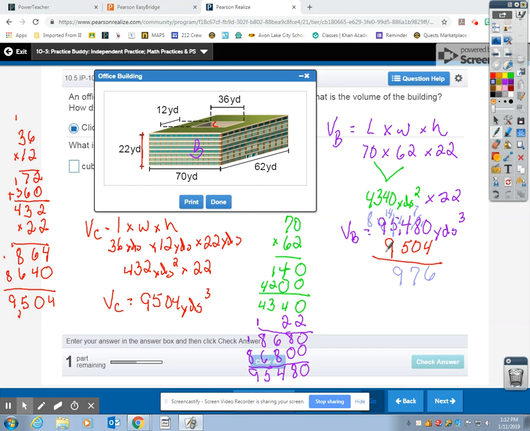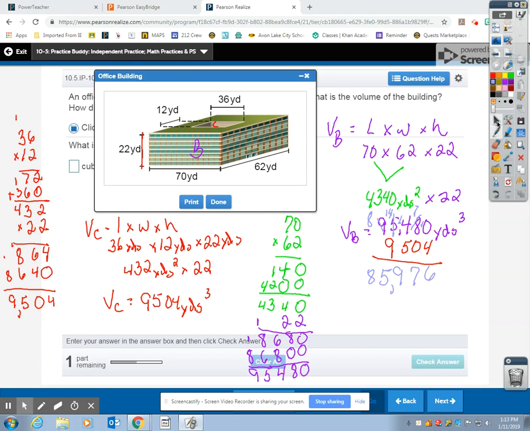And 14 minus 9 is 5. Yeah, 14 minus 9 is 5. And then 8 minus nothing is 8. So we should have 85,976.